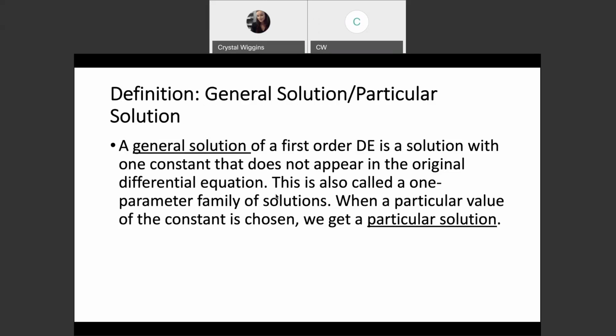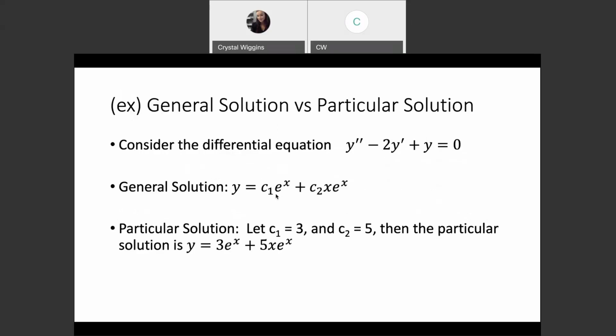Some of these definitions are not the easiest to understand when you're reading them in a paragraph, which is why examples are so super helpful. So consider the differential equation, the one we just worked with. In the general solution, notice that C1 and C2, those parameters, are general. They're not specific values, hence the name general solution. The particular solution is when you have found specific values for C1 and C2.